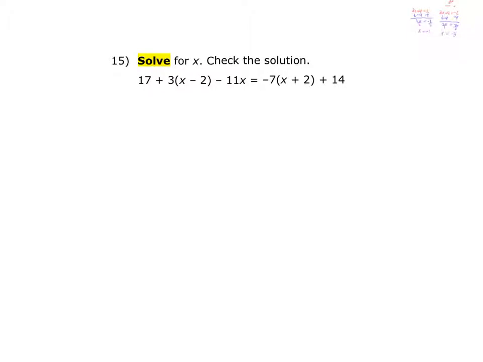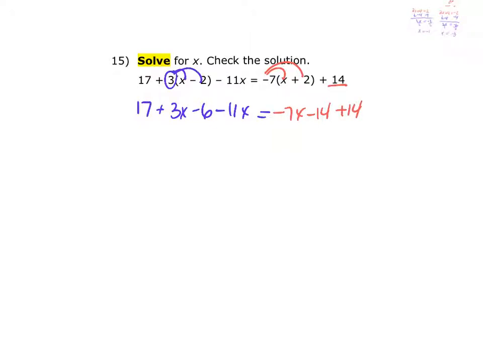First of all, I'm going to rewrite this 17 plus distribute 3x minus 6, and then minus 11x is equal to negative 7x minus 14, and then rewrite that plus 14.